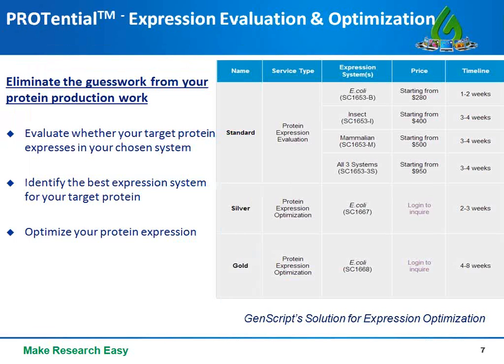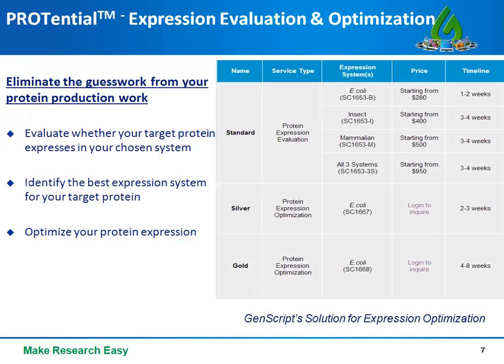With Potential, if your construct shows decent expression, you can just add only $600 for 1 liter expression and purification, which would be the most cost-saving and time-efficient way for your target protein expression.